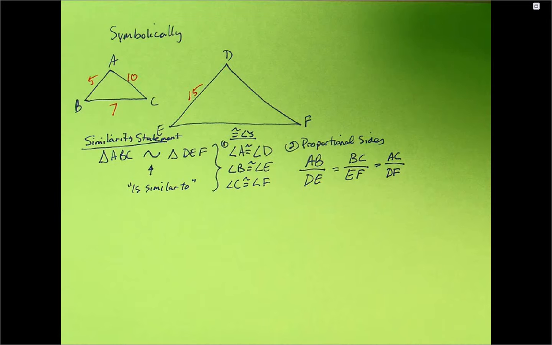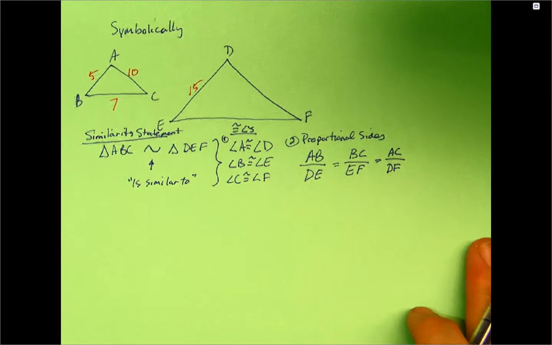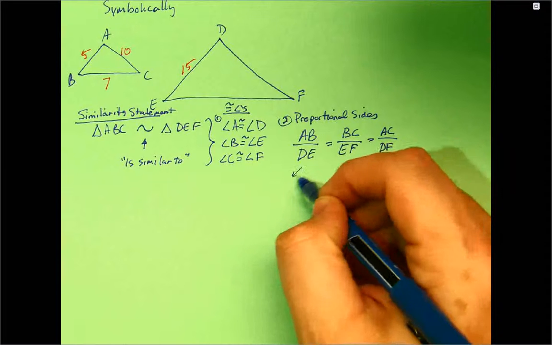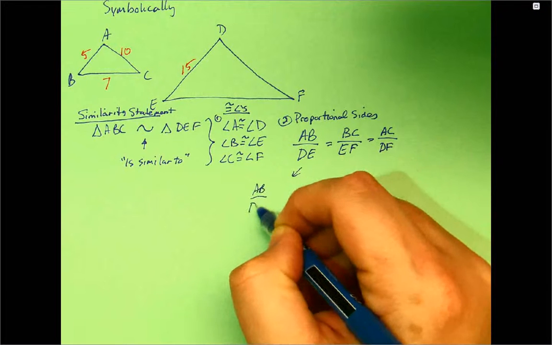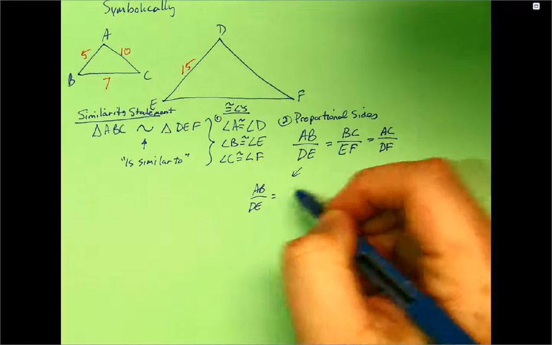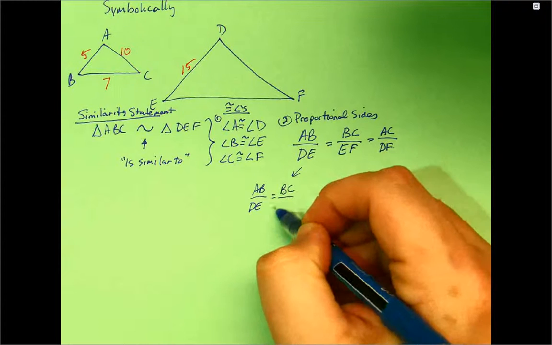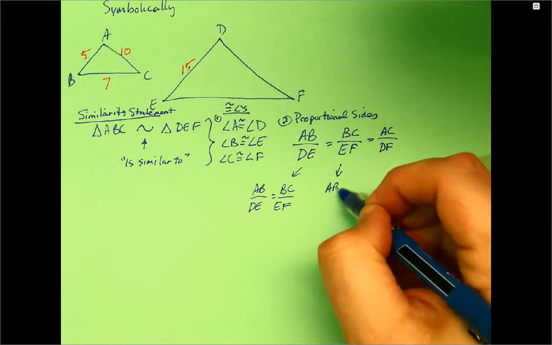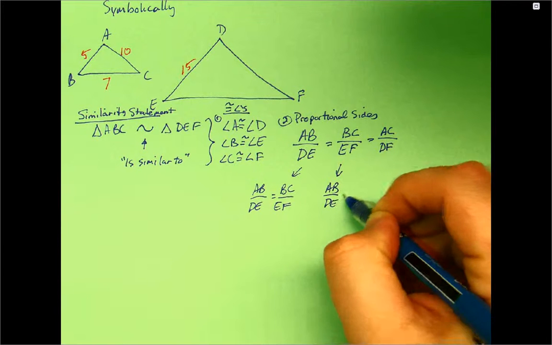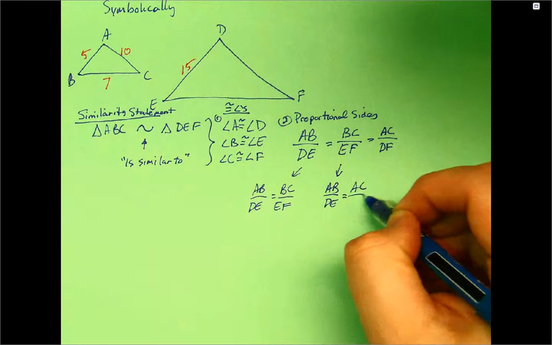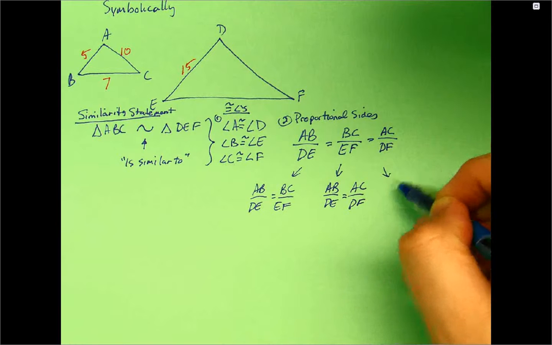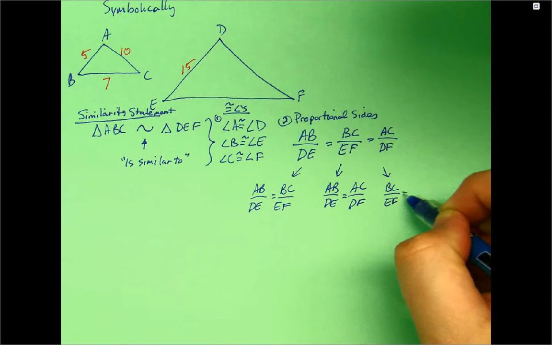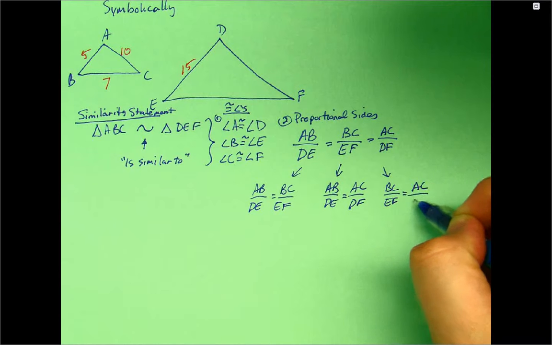Absolutely, because from here, I could come up with AB over DE is equal to BC over EF. I could come up with AB over DE is equal to AC over DF. And I could come up with BC over EF is equal to AC over DF. So that's kind of what happens here.